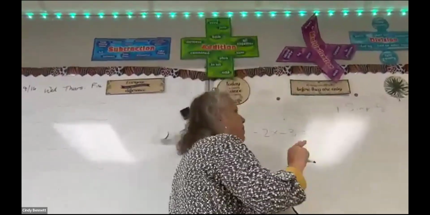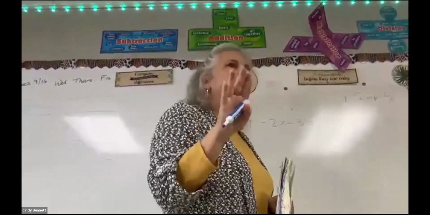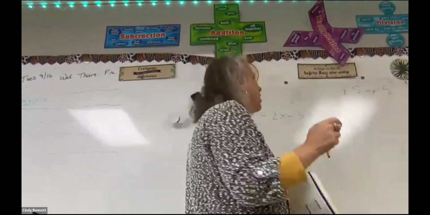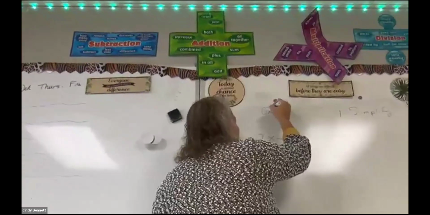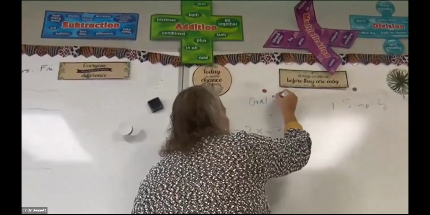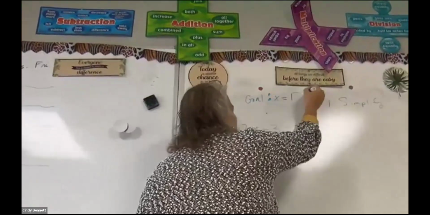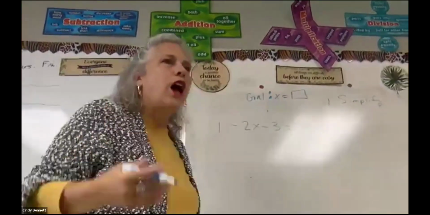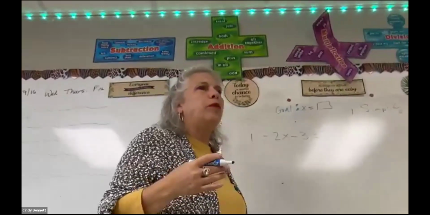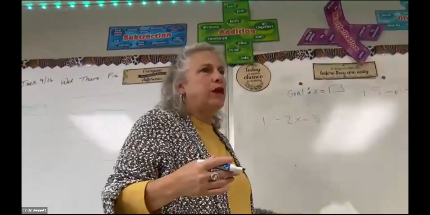Second rule, the overall rule is you want to isolate the x. That is your goal. You want to have x equals something, and that is called isolate the variable. That's your overall goal, but then there's steps that we're going to take.